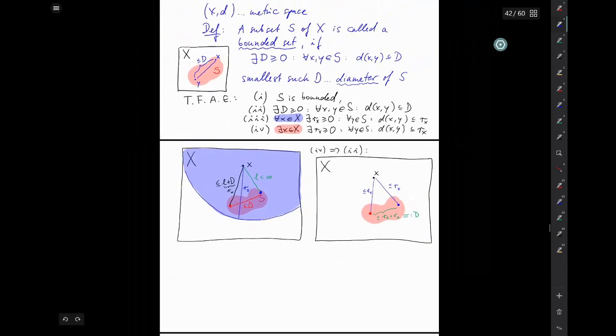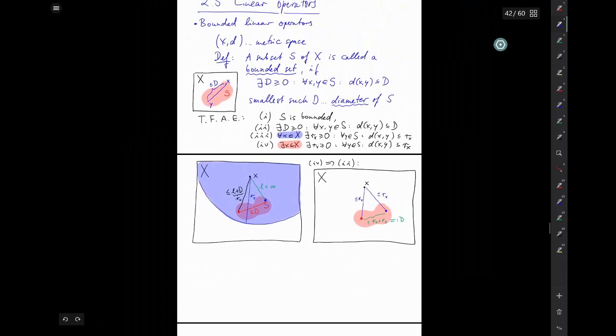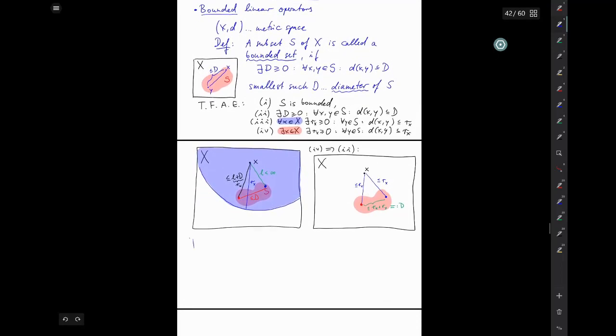Right, now that we got this covered, we can start talking about bounded linear operators. So what is a bounded linear operator?